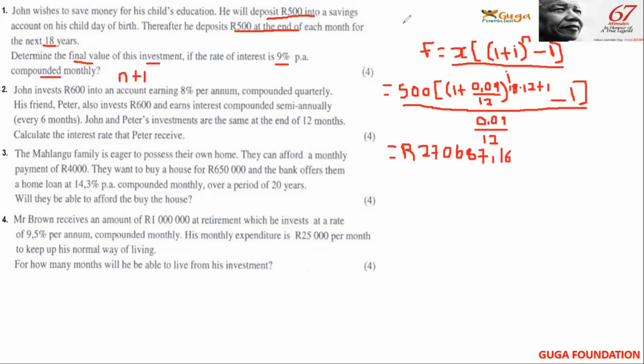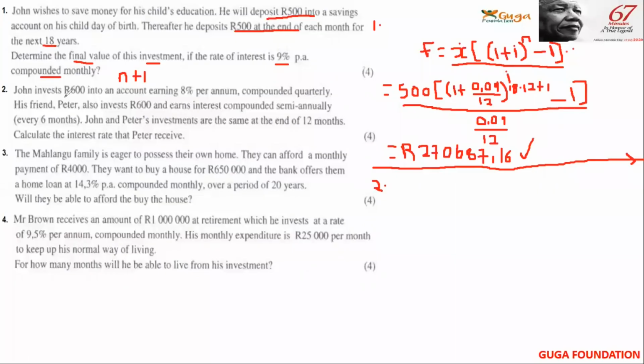Okay, so this formula here, we use it whenever we're talking about sinking funds and pension saving plans. Okay, let's go to number 2.